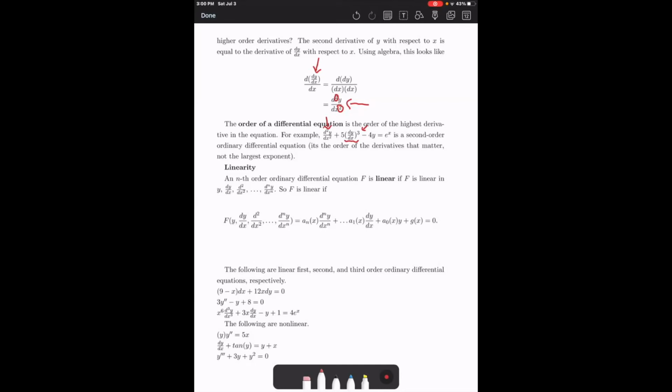So that cube represents an exponent in the traditional sense and not something that would be measuring the order of the differential equation, because the order of the differential equation asks what derivative is of highest order, or which derivative represents the most times you've taken the derivative of y with respect to x. So this is a second order ordinary differential equation because it's the order of the derivatives that matter, not the largest exponent. Okay.